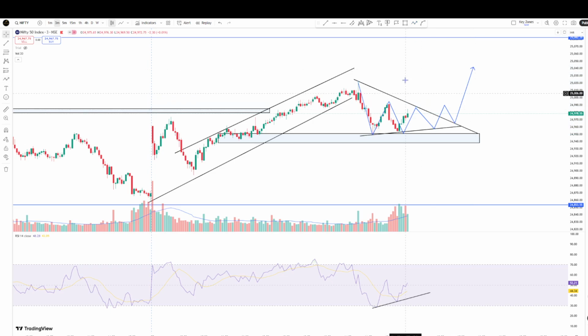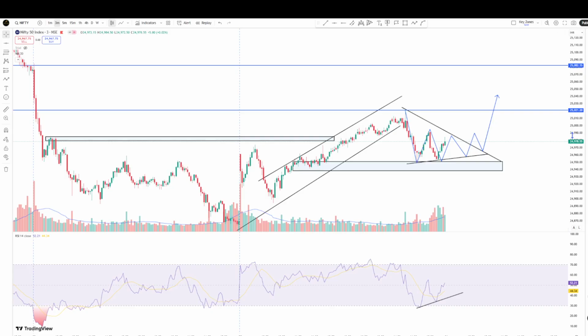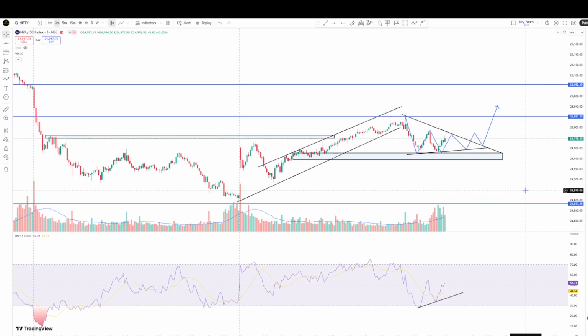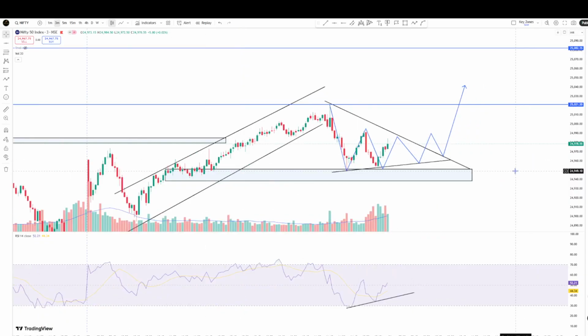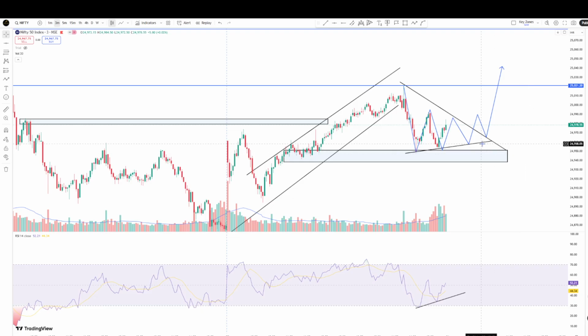I am more inclined that tomorrow's opening will be at today's highest level, that is 25,020, this level, but in a smaller time frame. Fine.